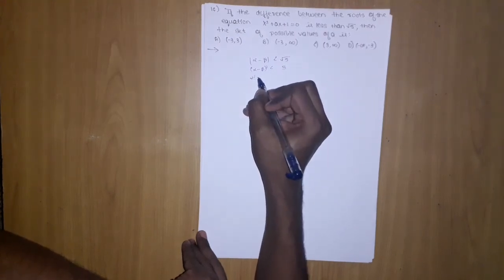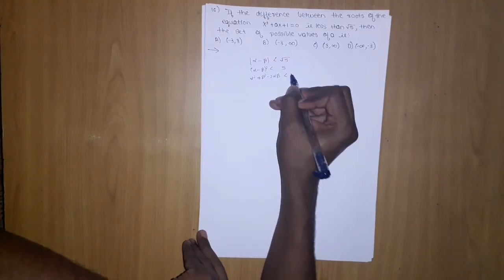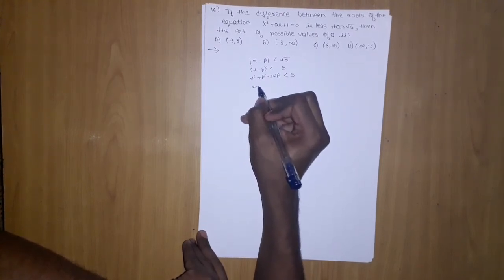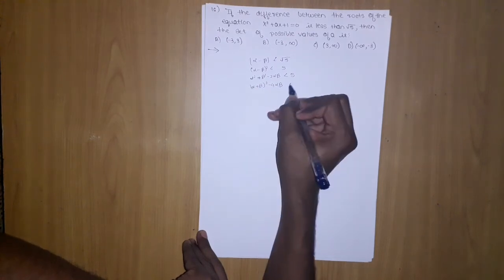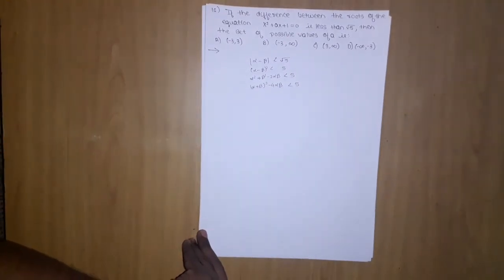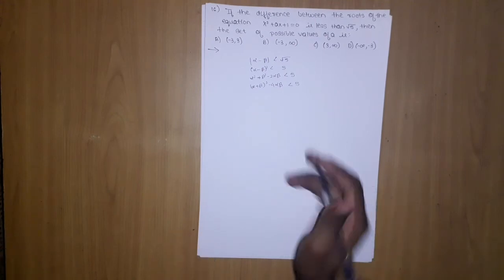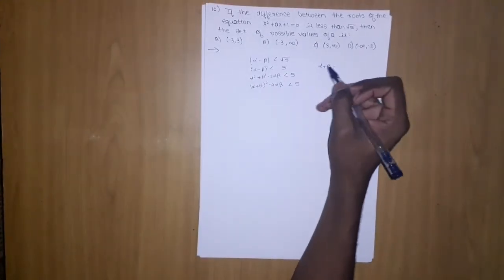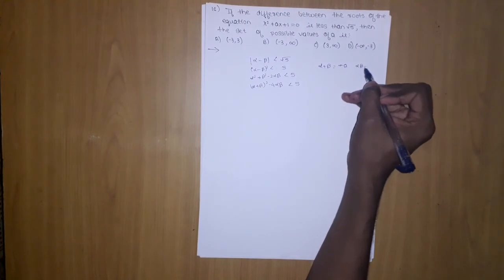Alpha square plus beta square minus 2 alpha beta should be less than 5, and if we put this value, it will become (alpha plus beta) square minus 4 alpha into beta should be less than 5. Now what we have, alpha plus beta is equal to minus a, alpha into beta is equal to 1.